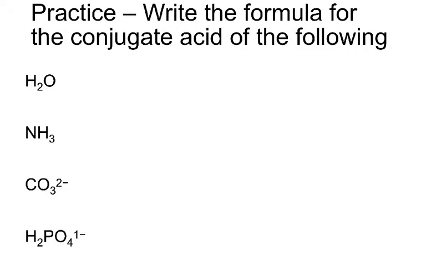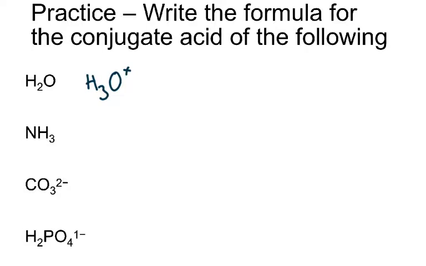So we can work through understanding getting a conjugate acid from a base. If we're writing conjugate acids, that means we're starting with bases. So H2O, its conjugate acid: we've added the H+, so it's going to become H3O+.